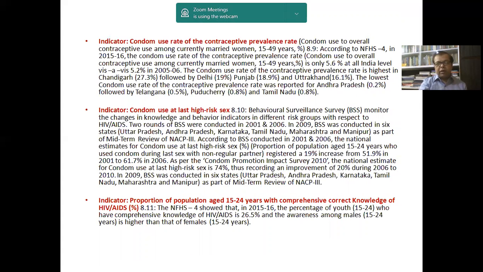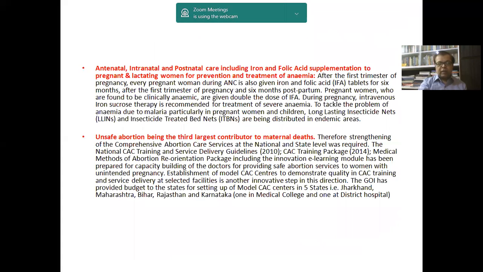Then one of the important indicators is the condom use rate or the contraceptive prevalence rate. Basically, use of contraceptives or condoms. Some of the specific achievements are mentioned here. Then antenatal, intranatal and postnatal care, including iron and folic acid supplements to pregnant and lactating women.